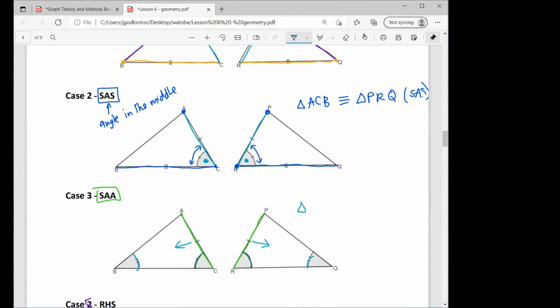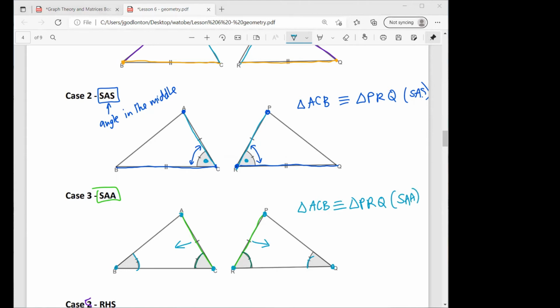So here I could say triangle ACB is congruent to triangle PRQ, and my reason would be side, angle, angle. Okay, cool.